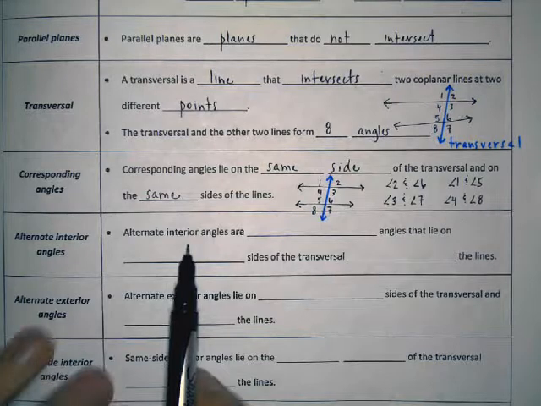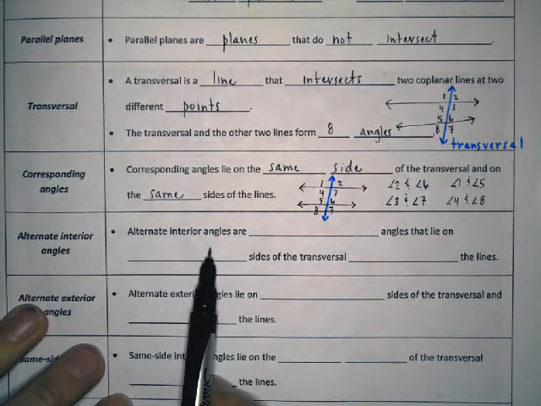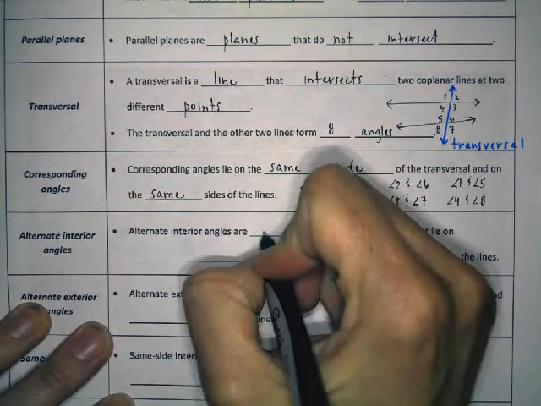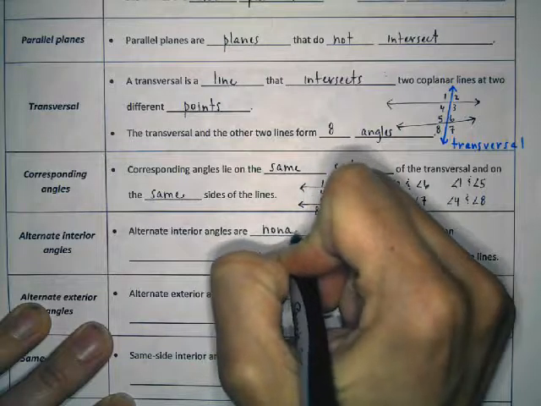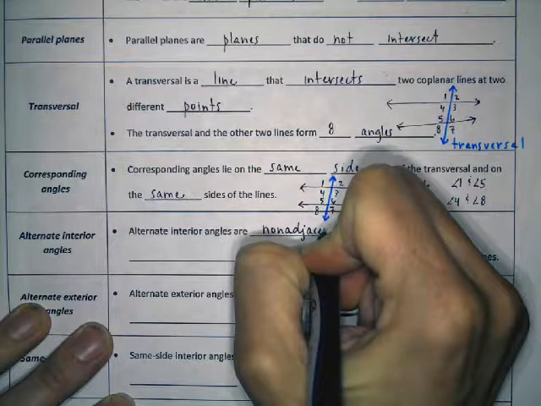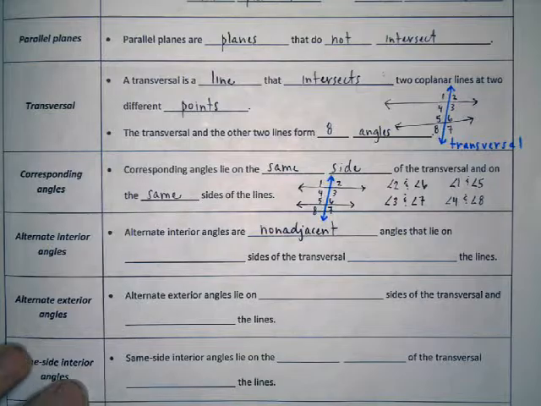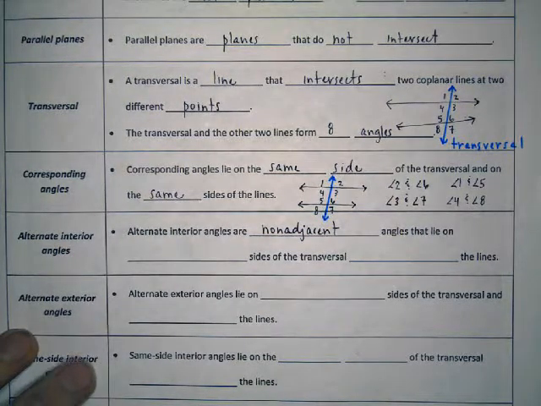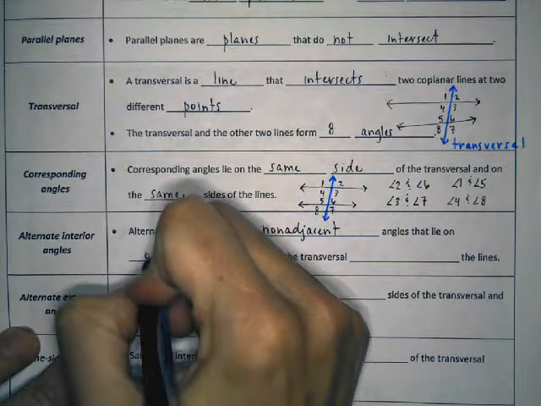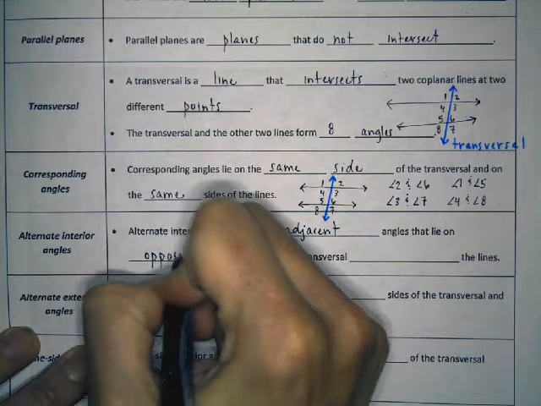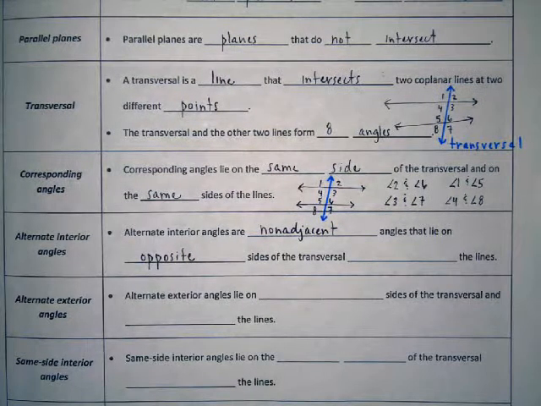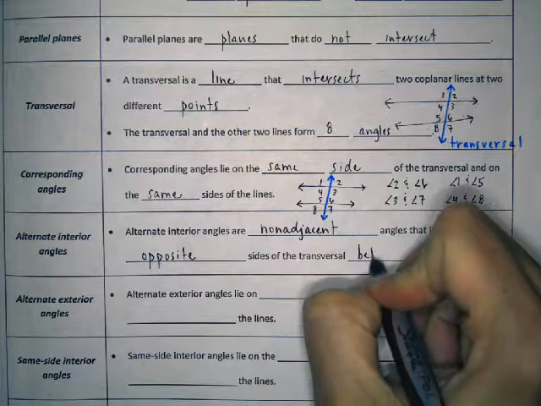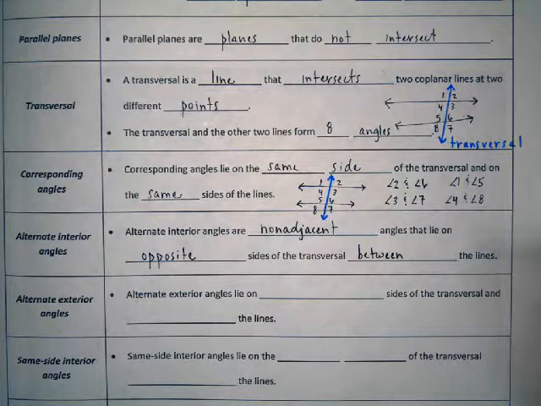Okay, so alternate interior angles are non-adjacent angles that lie on opposite sides of the transversal, between the lines.